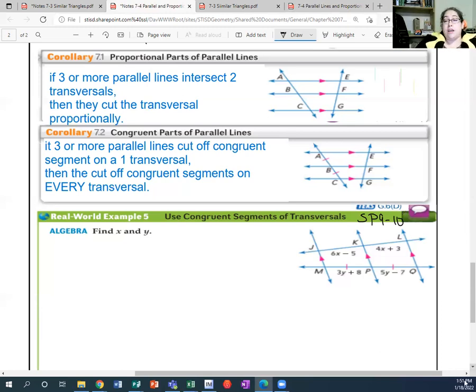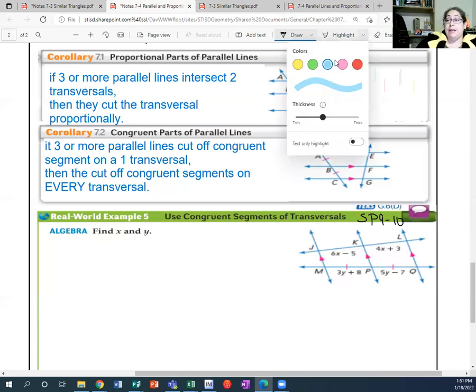2 corollaries come out of this whole mid-segment triangle thing. The first one says that if you have 3 or more parallel lines intersecting 2 transversals, they cut the transversals proportionally. Parallel lines, 1, 2, 3. The transversal is that line that intersects them.